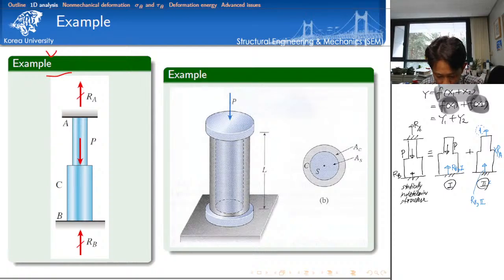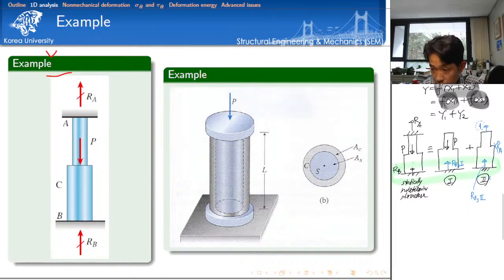So let's consider one by one. Let's consider the bottom part. If you look at the bottom part, let's check the reaction only.